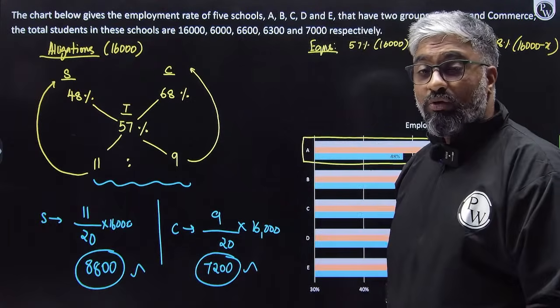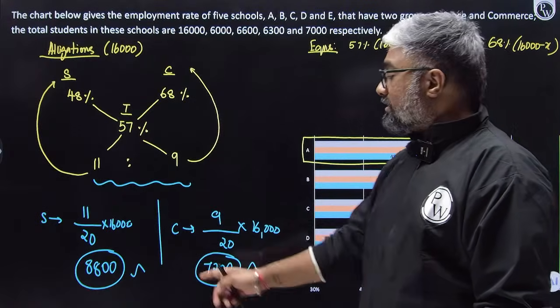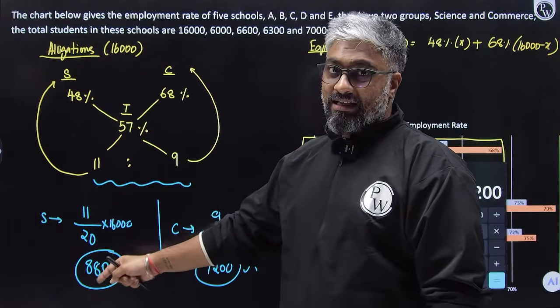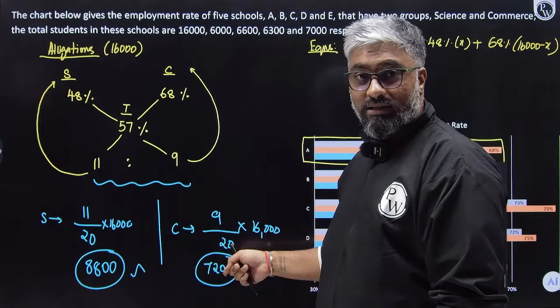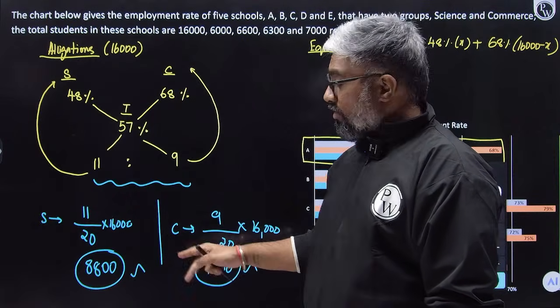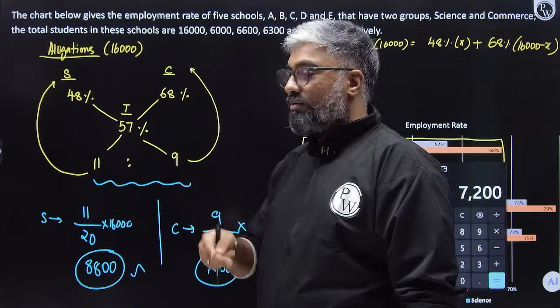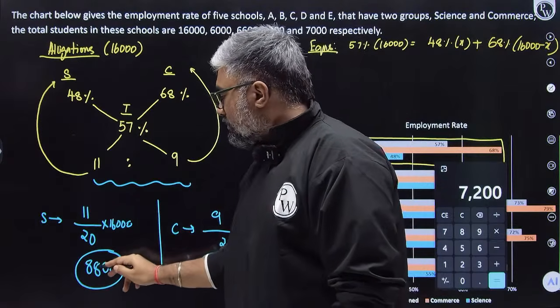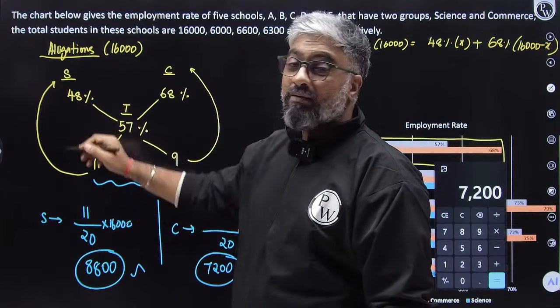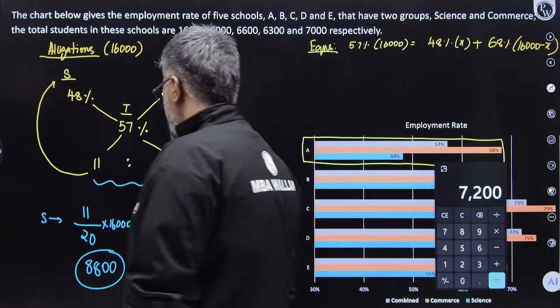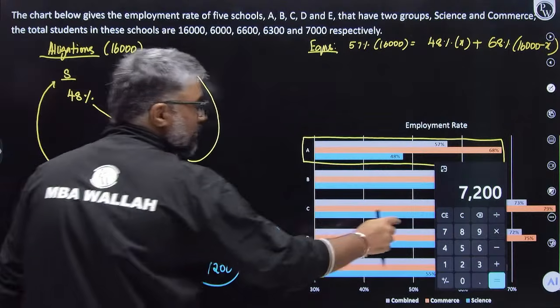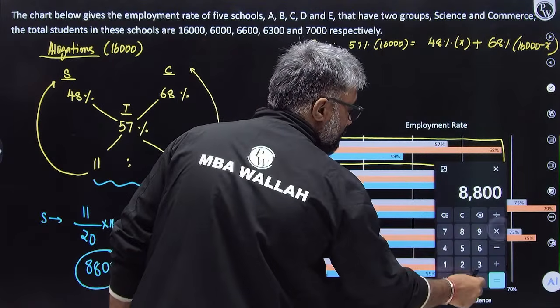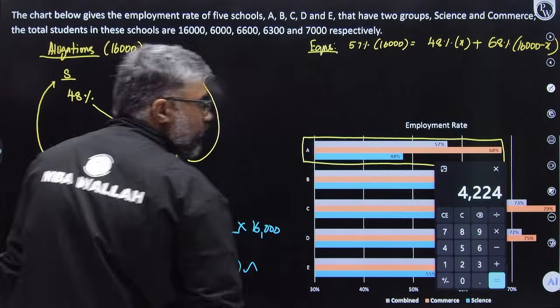So now you can find out total students in science in school A, commerce in school A. From here, can I find the employable one? Yes, I can. How? From here, 8,800, 48% are employable, correct? So what is 48% of 8,800? 4,224.